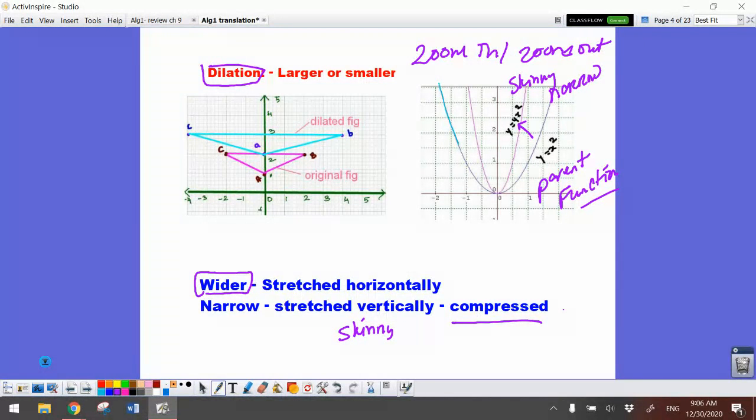So in quadratics, they're going to widen out or get more narrow or skinny. Same thing with shapes: you can zoom in, zoom out, make them bigger, make them smaller, depending on the motion. And this is called a dilation.